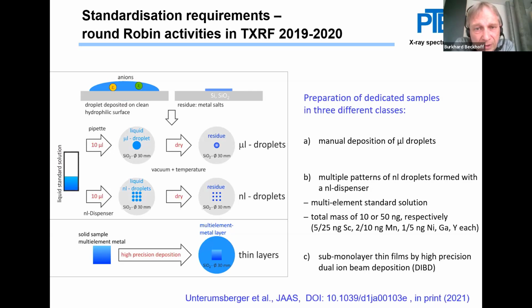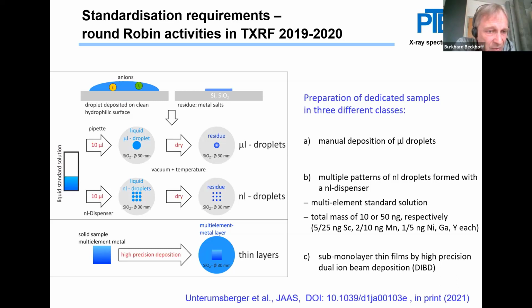on dedicated samples in 3 different classes. On the one hand, the typical microliter droplets. Then, Ola, you know this pretty well, the nanoliter droplets that are formed from a nanoliter dispenser.